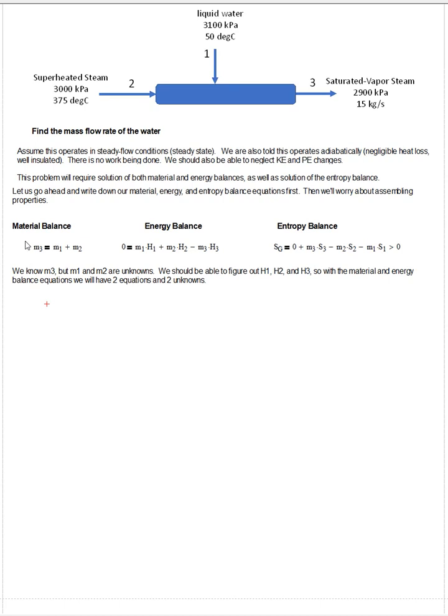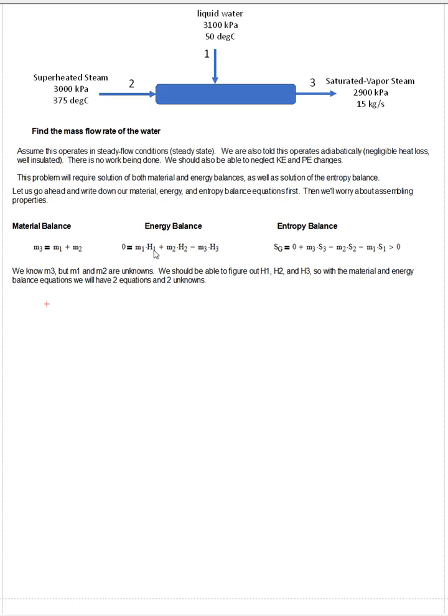So if I take a look at these two equations, I see I have two unknowns, M1 and M2, but I know H1, H2, H3. So I have two equations and two unknowns with my material and energy balance.